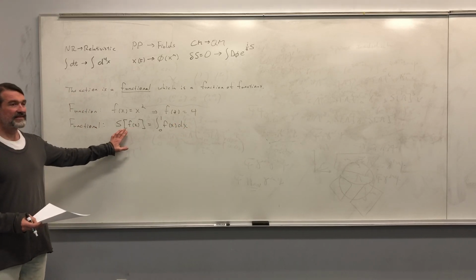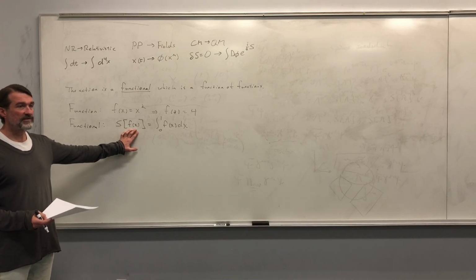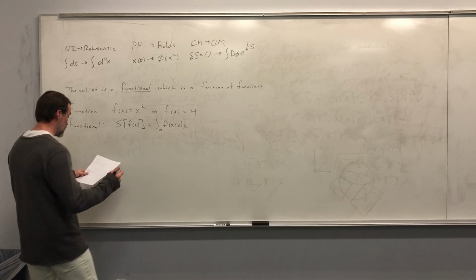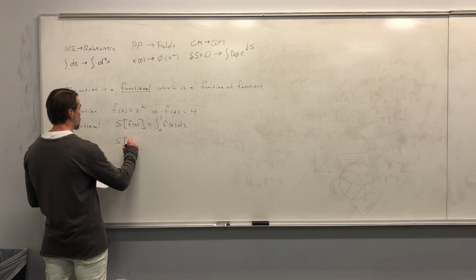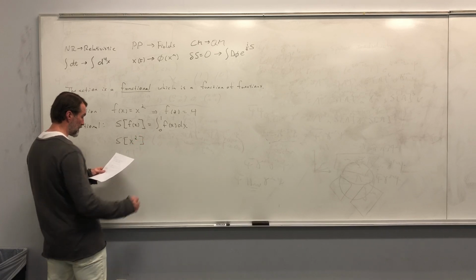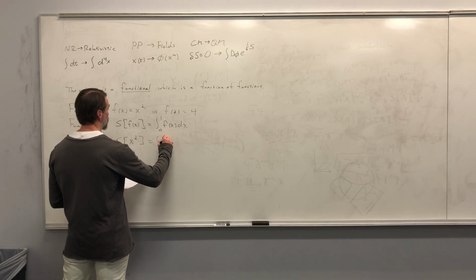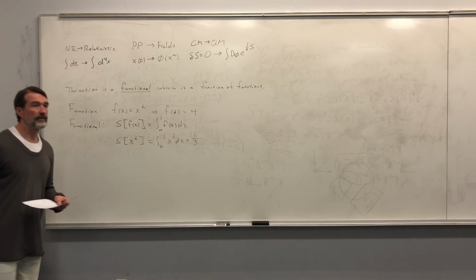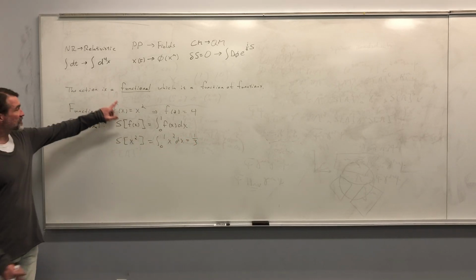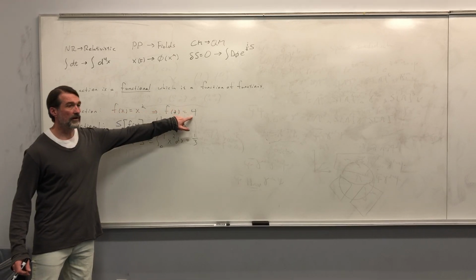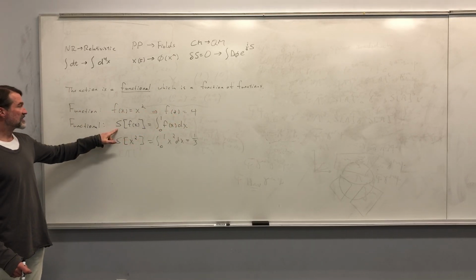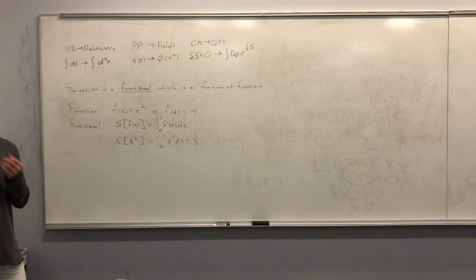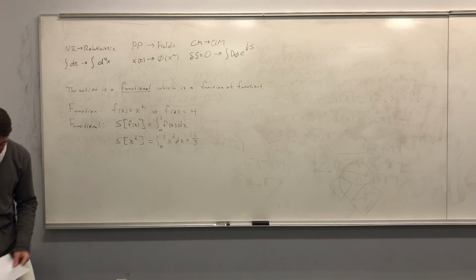Notice this is a function of functions. So you give me a function and this will return a number. For example, if I say S of the function x squared, this is just going to be the integral from 0 to 1 of x squared dx, which is of course 1/3. So whereas functions take a number and give you back a number, functionals take a function and give you back a number. It's pretty straightforward, right?